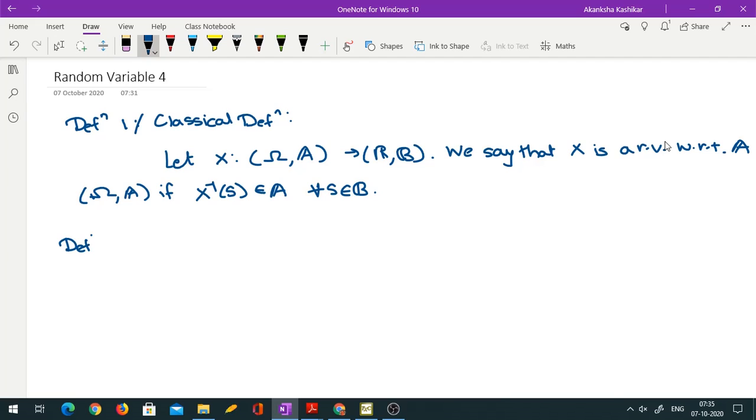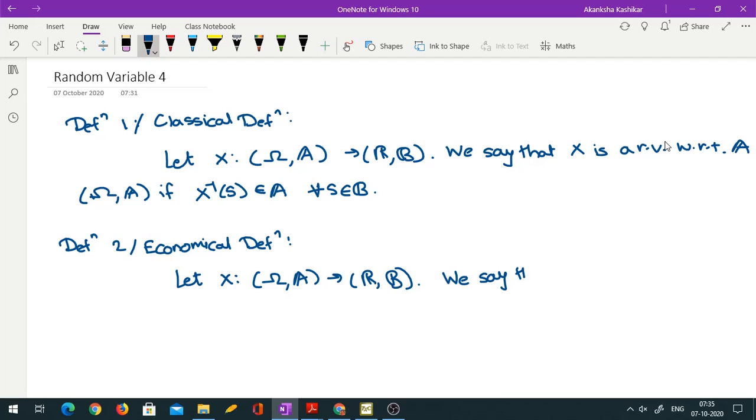That is our classical definition. Today we are going to introduce another definition, which is known as the economical definition of a random variable. So how does the economical definition work? We start with the same setup. Let X be a function from (Omega, A) to (R, B).